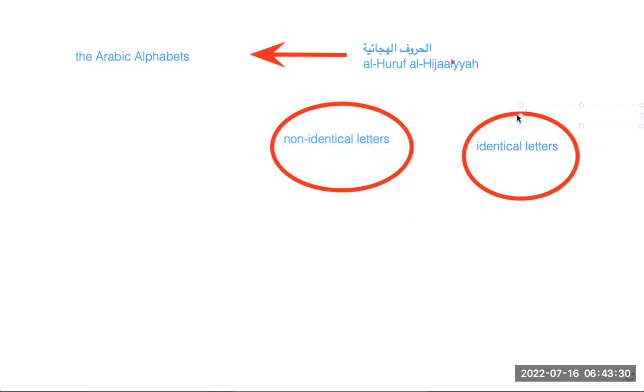Our identical letters are Ba, Ta, and Tha.